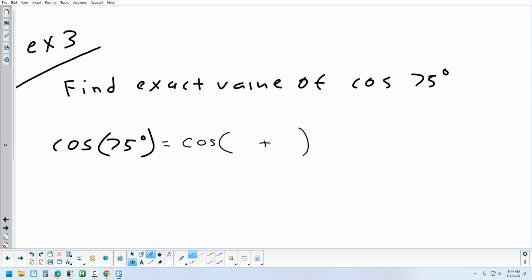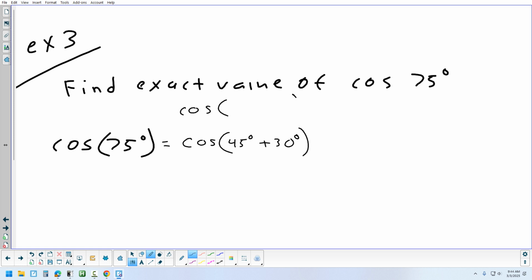Like if you did 73 plus 2, well, I mean, that's 75, but how are you going to work with a 73? We only know how to work with 30s and 45s. Yep. That would be 45 plus.